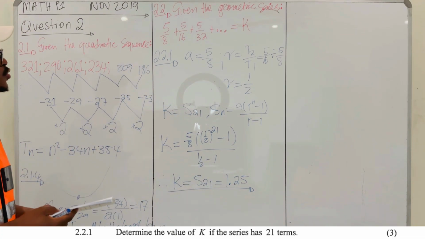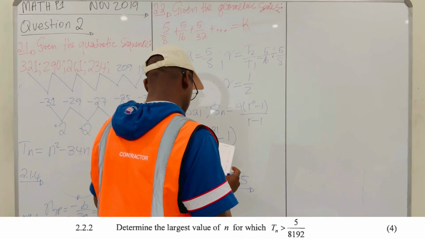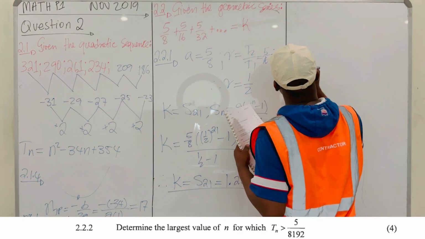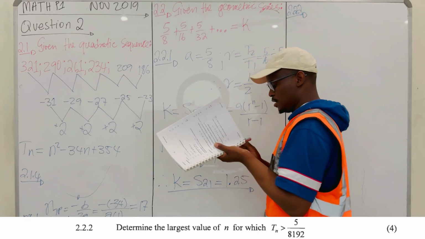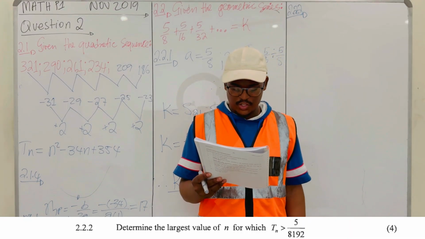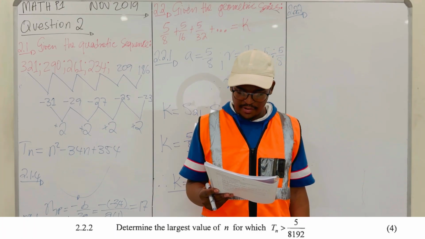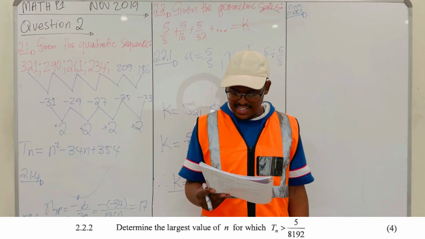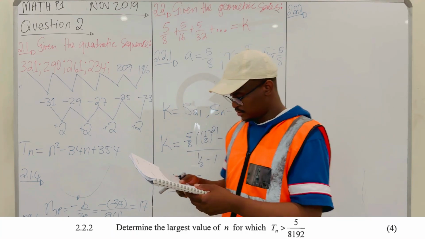We move to 2.2. So at 2.2.2, they are saying determine the largest value of n for which Tn will be greater than 5 over 8192.